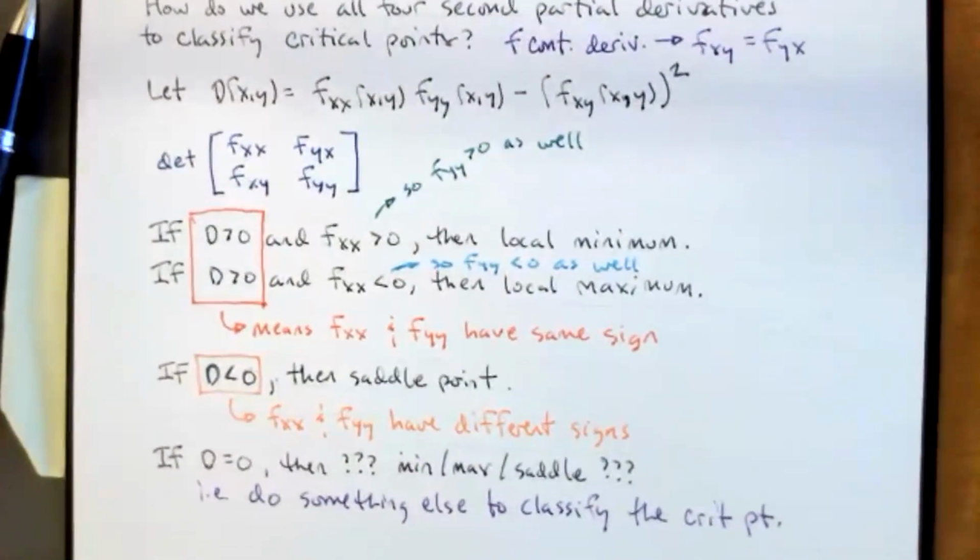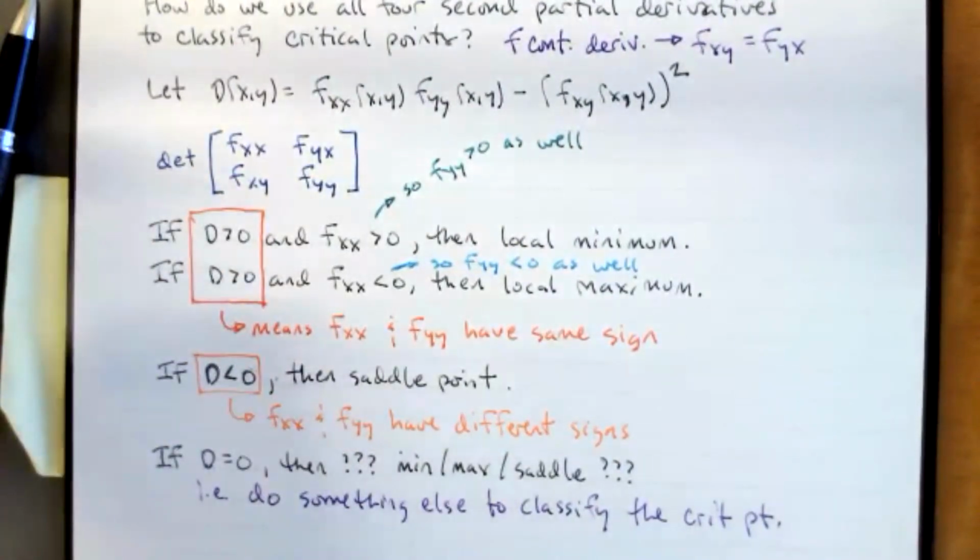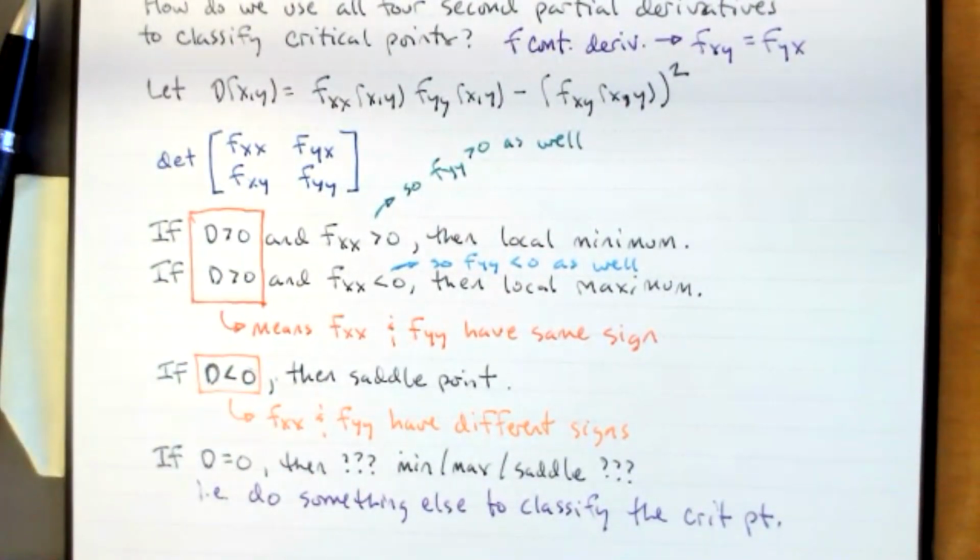So that just means that we have to do something else to classify that critical point. This is just a multi-dimensional second derivative. What's the second derivative?